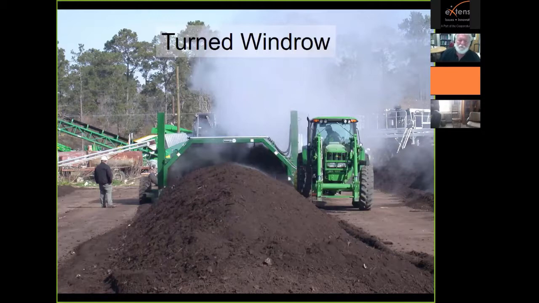So the transmission has to be equipped with a creeper gear, and it generally has to be at least an 85 horsepower motor, because there's a lot of drag and force trying to pull this thing through a big pile. It takes a very powerful engine. But this is a very common way of agricultural composting because a tractor is a common farm implement that is found in most farms.